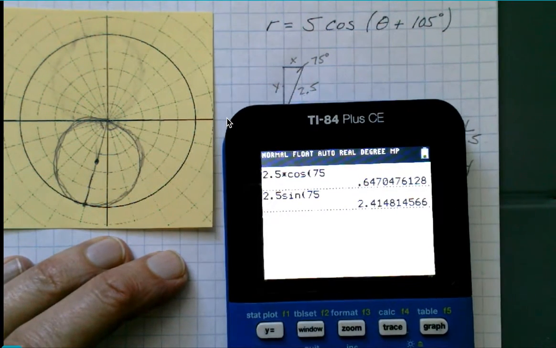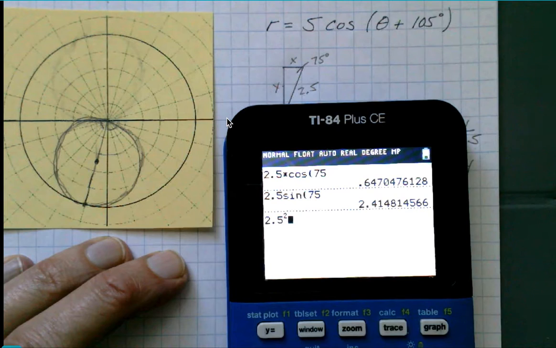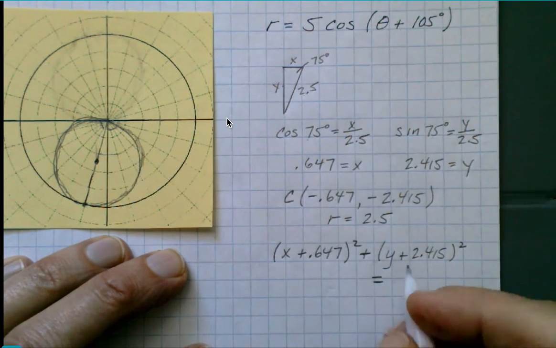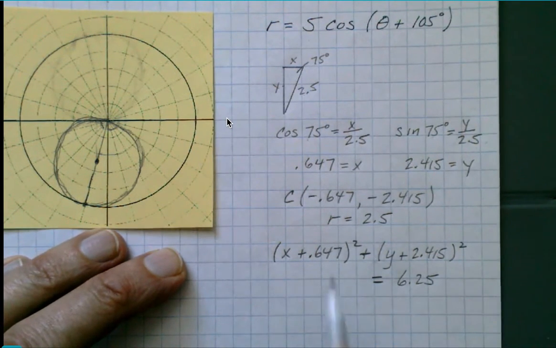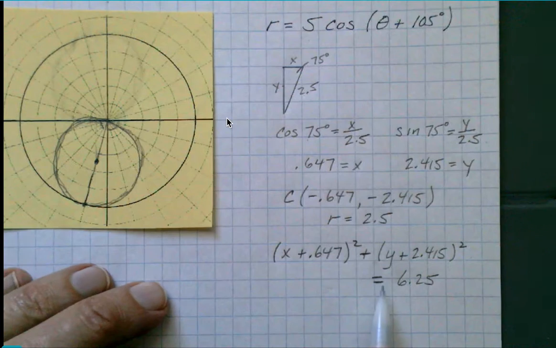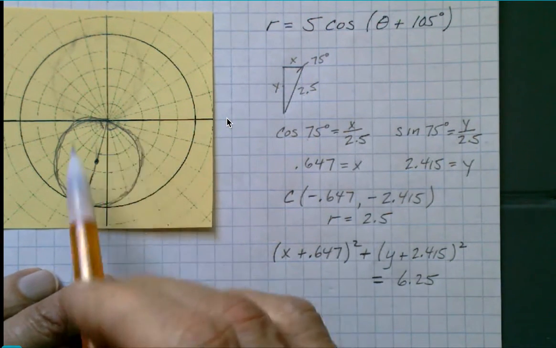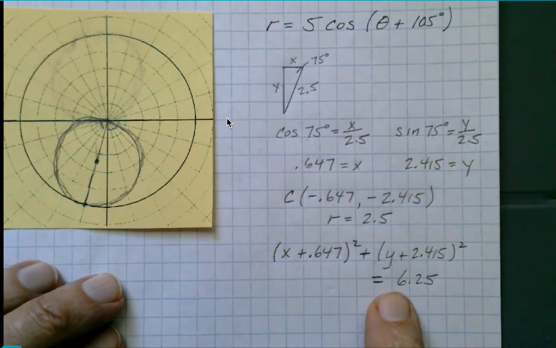About 6.25. And so there we have an equation, okay, for the circle, but in a Cartesian sense.